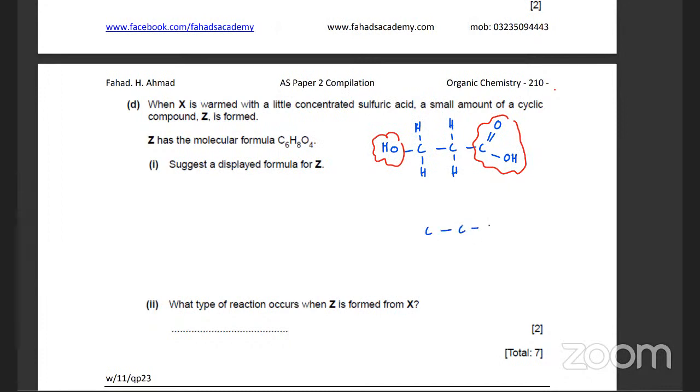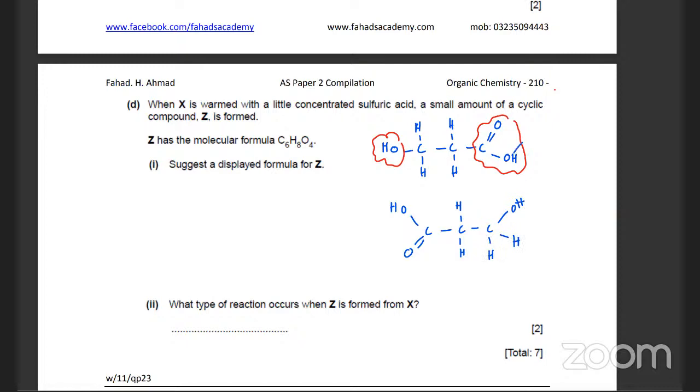It's going to have 3 carbon atoms, and there's going to be OH over here, and there's going to be OH and double bond O, a carboxylic acid, on this side. And there would be 2 hydrogens here and 2 hydrogens on this carbon atom.